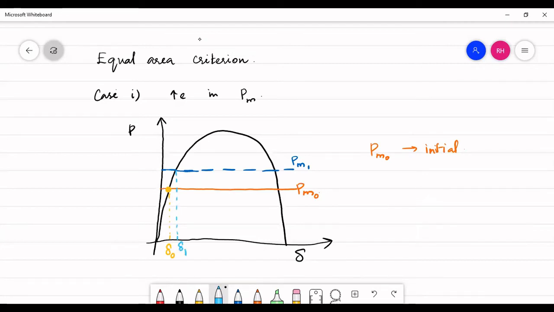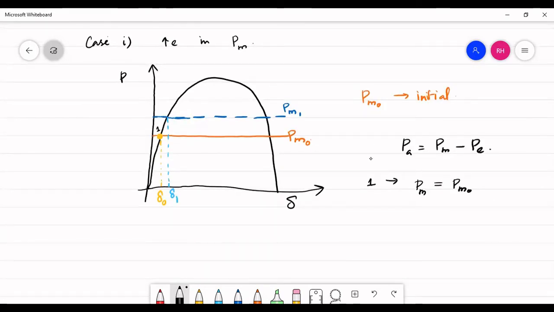So we have already seen, considering the fact of accelerating power, accelerating power PA is equal to PM minus PE when you discuss at point 1. So initially when your rotor angle is delta naught, your operating point PM takes value PM naught.